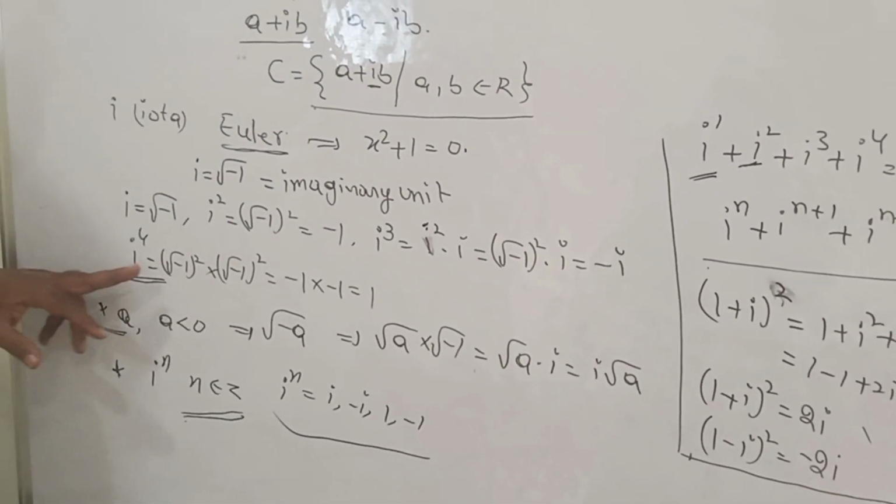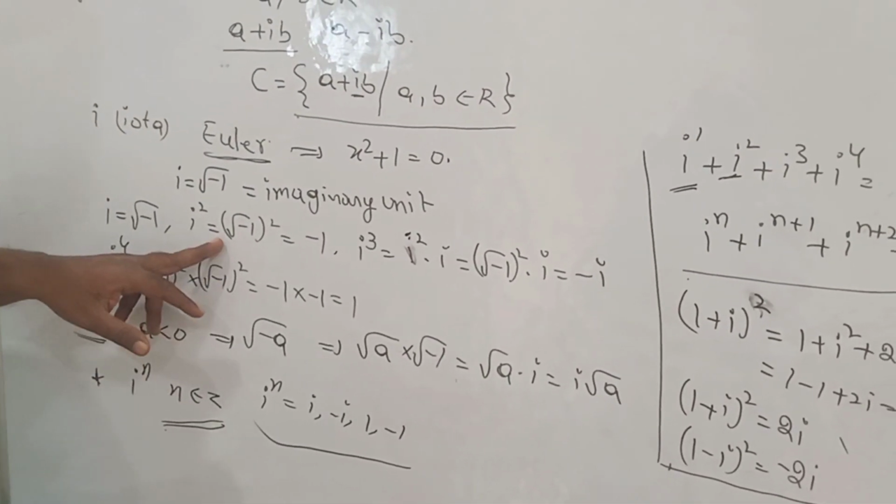So i power 4 is equal to root minus 1 whole square into root minus 1 whole square.